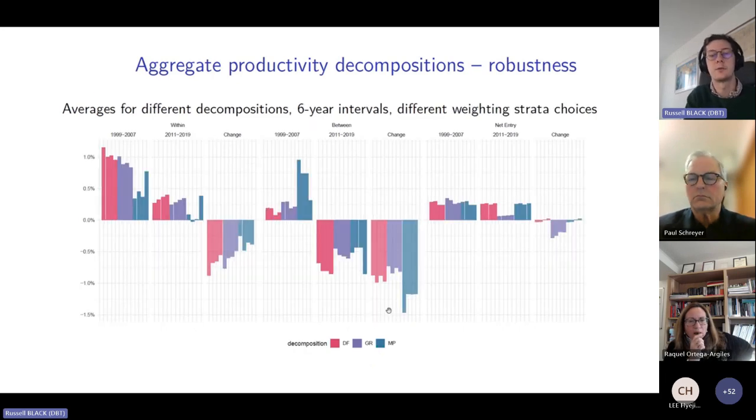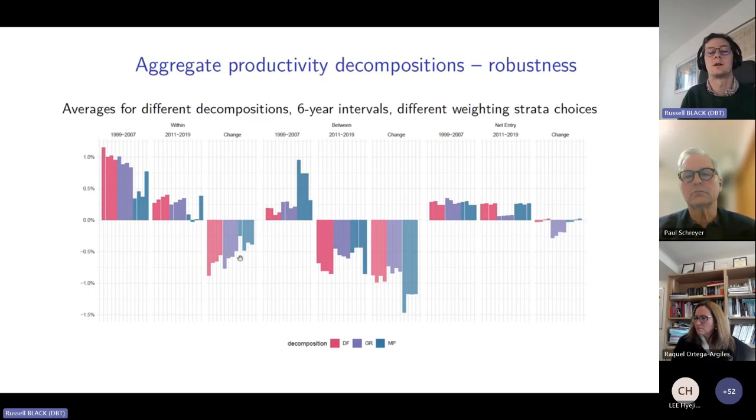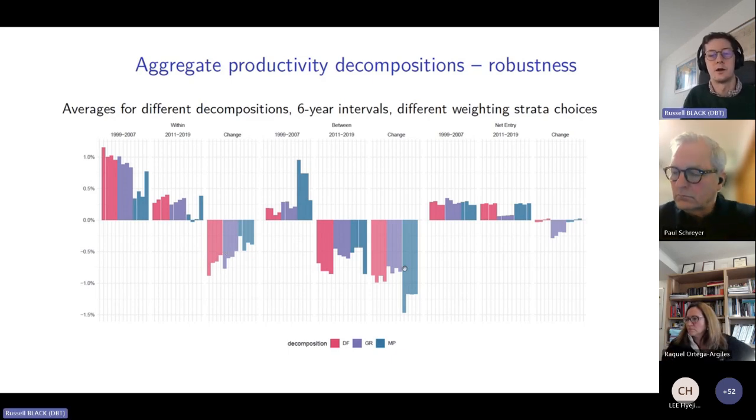Again, does this change if we use different weighting methods? Not really as well. If we didn't use any weighting at all, we'd get very, very different numbers. But if we vary how we carry out the weighting, if we use different weighting strata that are either narrower or wider, this also generally does not affect the picture. You can get a small amount of change, but most of the magnitudes are roughly half-half.